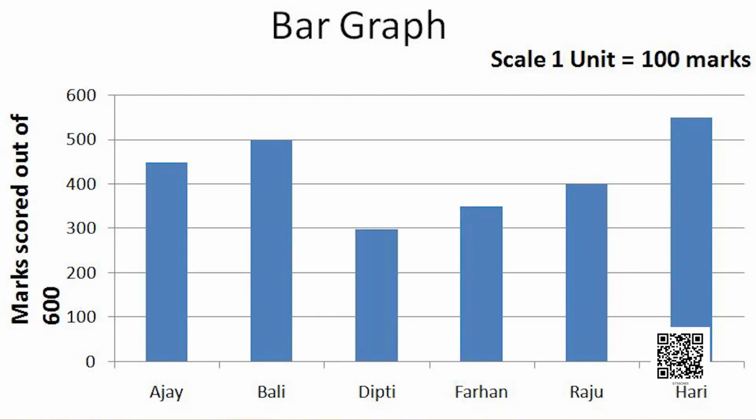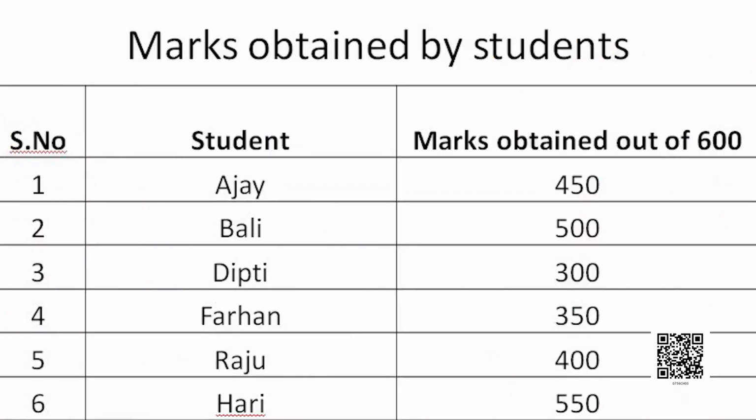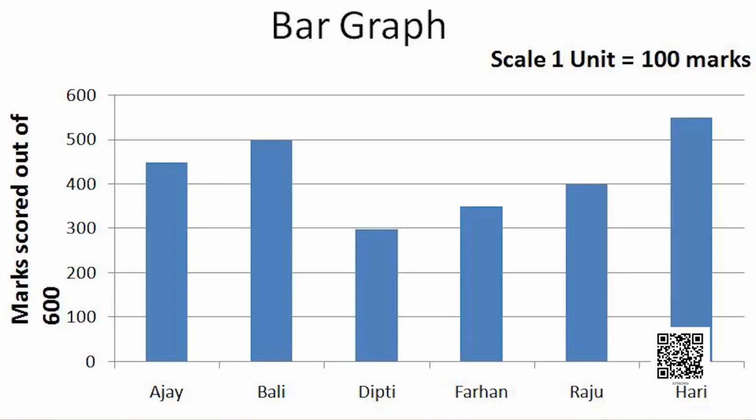So what I have done is, I have found the marks obtained by each child in various subjects. There were 6 children. I have found their marks obtained out of 600. So Ajay, Bali, Dipti, Farhan, Raju and Hari got different marks out of 600. So what did I do? I did not find their mean, mode or median, rather I wanted to see it on a graph.